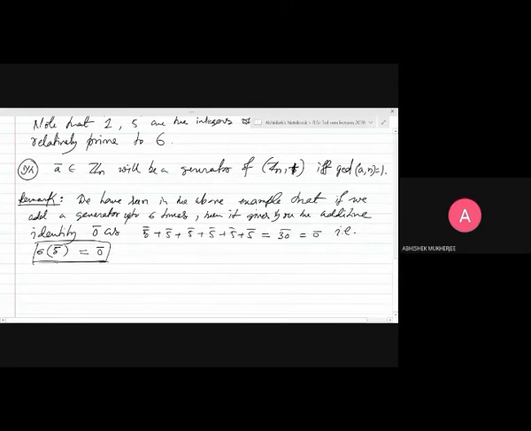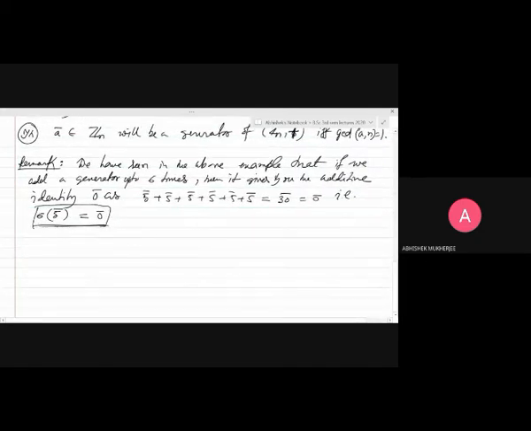So we need to generalize this concept to any group.